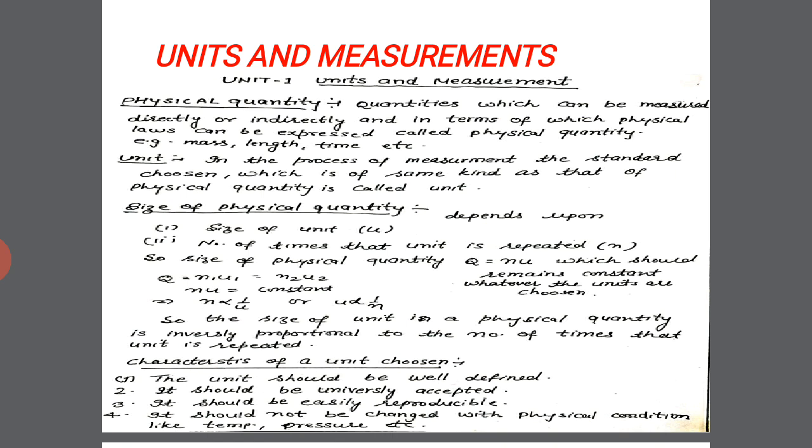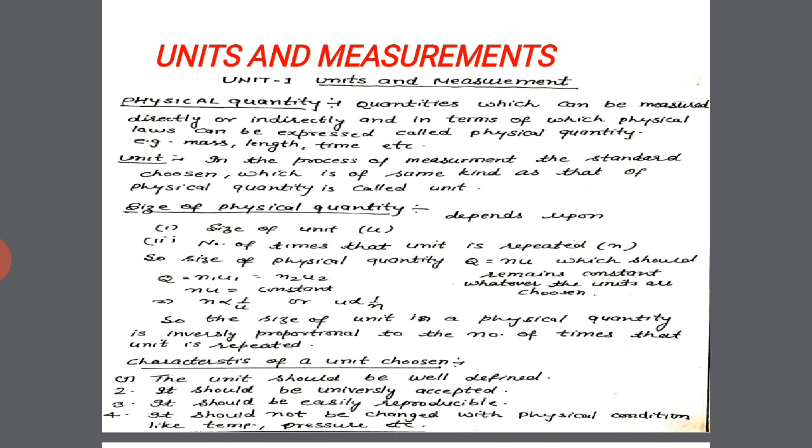Now, what will be the ideal characteristics for a particular unit being selected? The unit should be well defined. There should be no confusion in defining the units. It should be universally accepted. The important thing, it should be accepted everywhere, not valid at a particular place only.